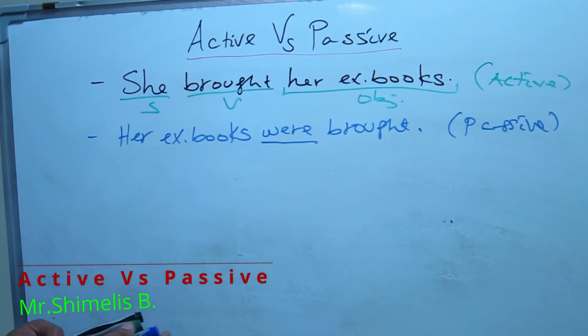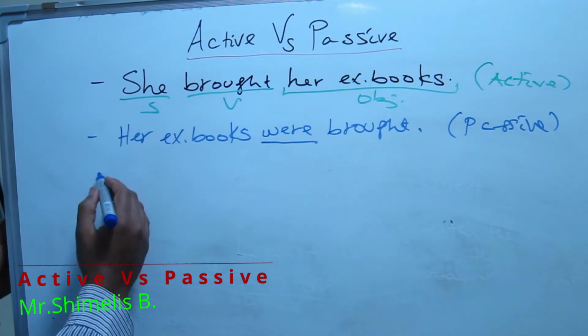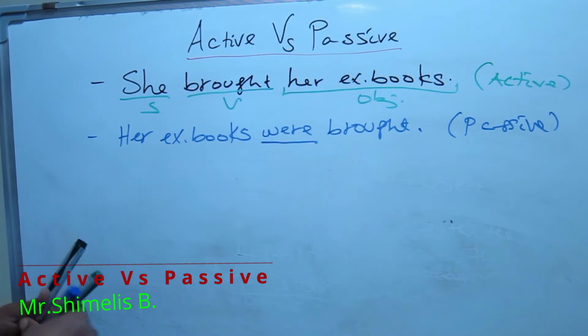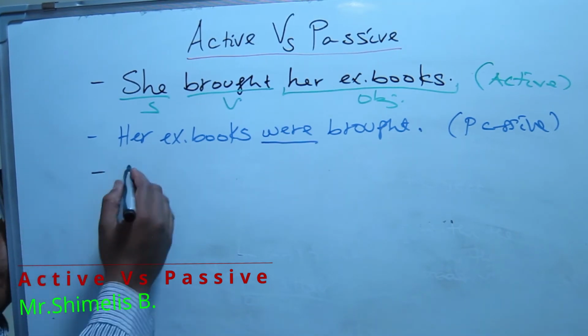Now let's see some special cases. How do we change questions, for example interrogative sentences, to passive? Let's have one typical example, this being our active sentence.